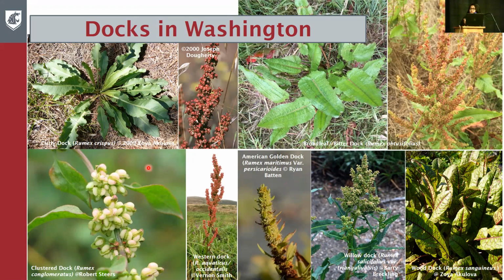While most dock species are native, those two species are introduced, and it is difficult to distinguish them, especially if you only have one of them instead of comparing both.